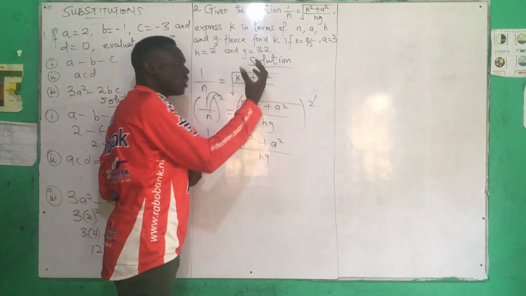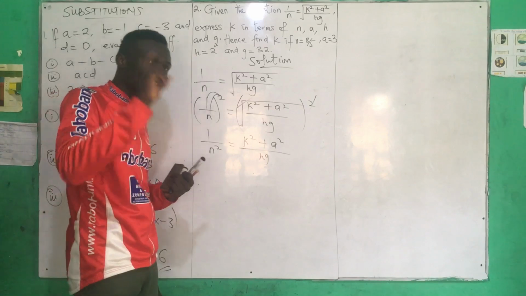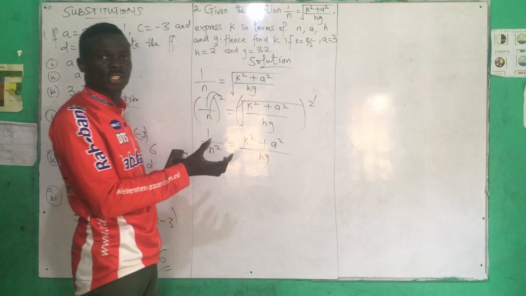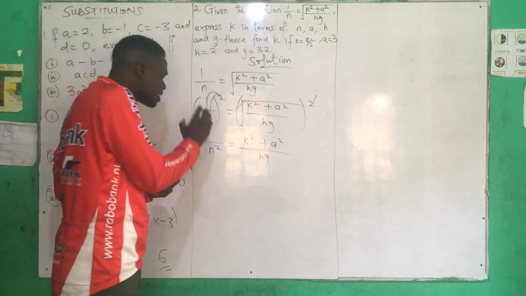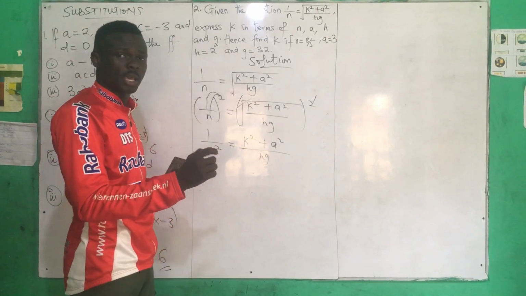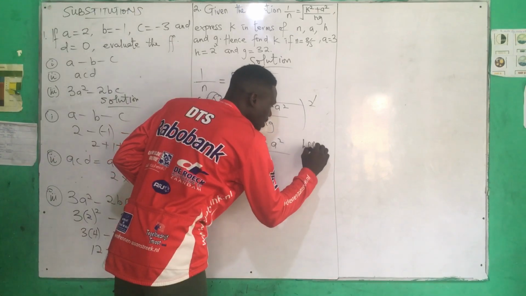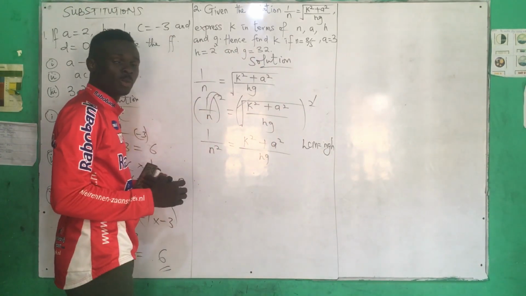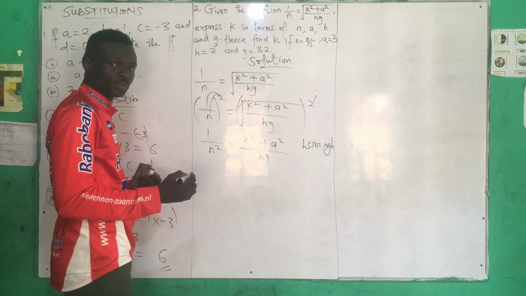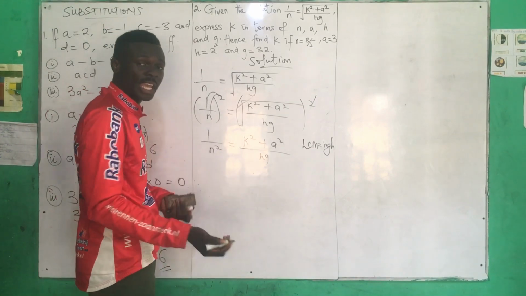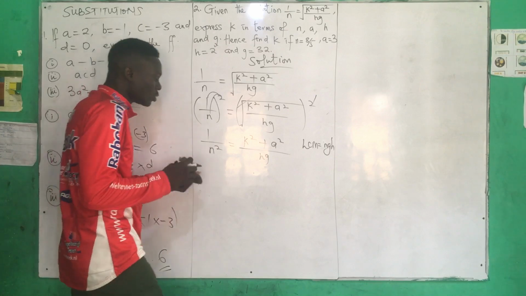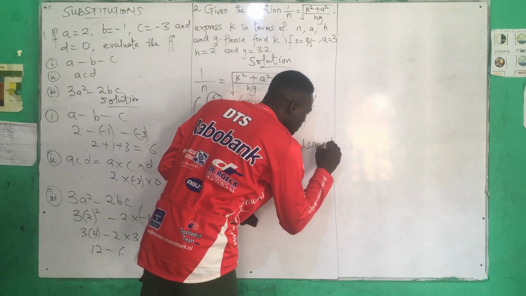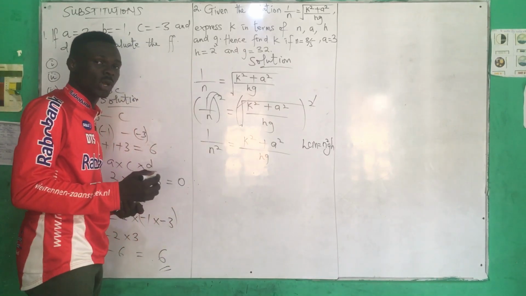Now that we get rid of the square root, remember we are making k the subject. Now that we get rid of the square root, you are having a fraction. What do you do? You multiply each term by the LCM. And the LCM is going to be, you have n squared, so it's going to be n squared gh as your LCM.